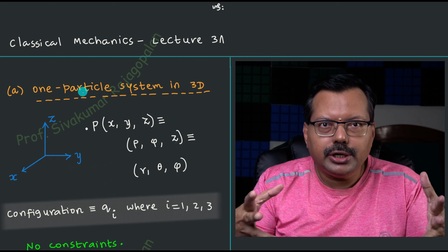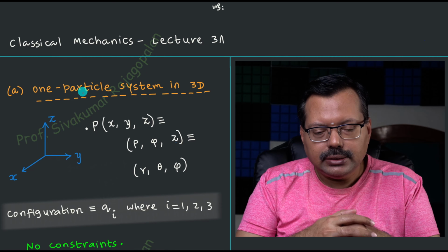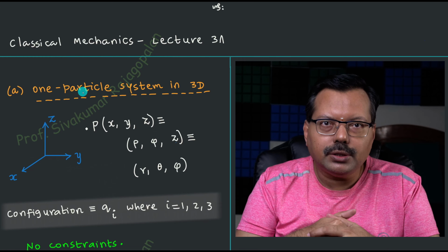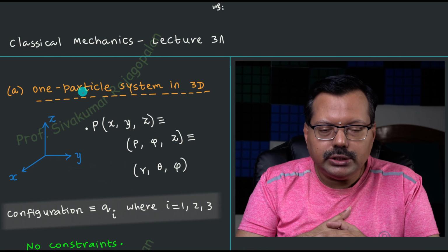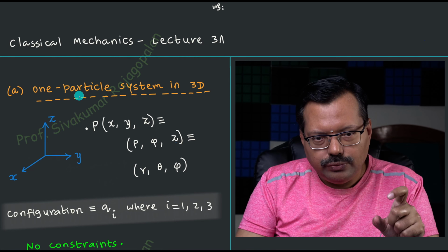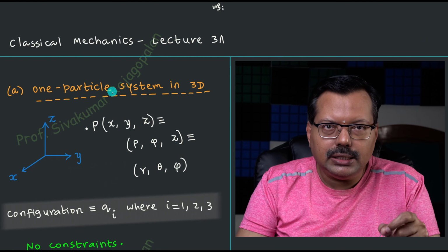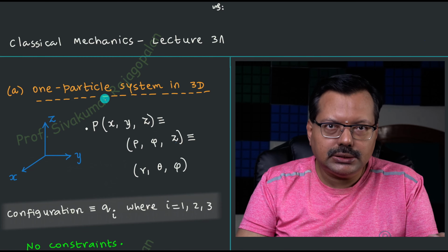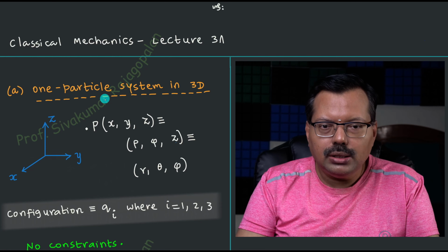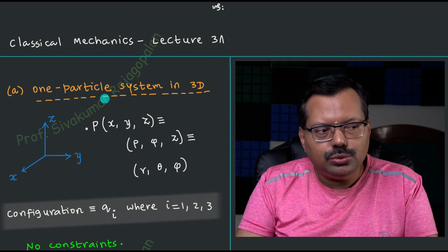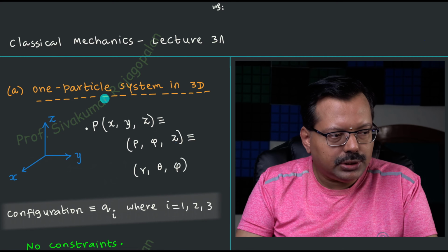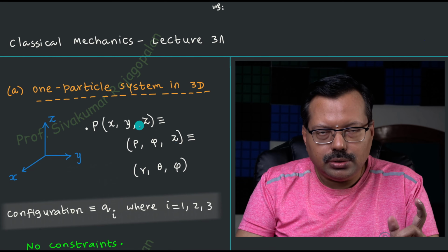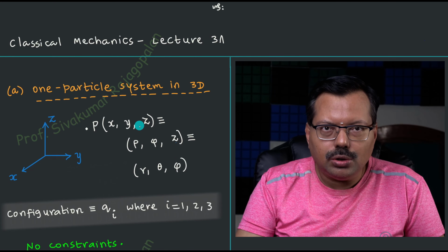Because of the extended size, naturally the concept of moment of inertia comes into the picture because of its possible rotations. So this distinction should be clear. When we use the terminology particle, it means it is so small that you don't have to bring its shape into the picture. That is a point you are going to remember and understand as we move along.